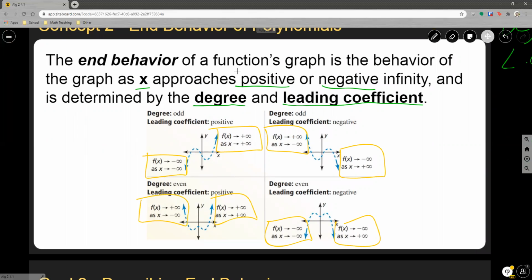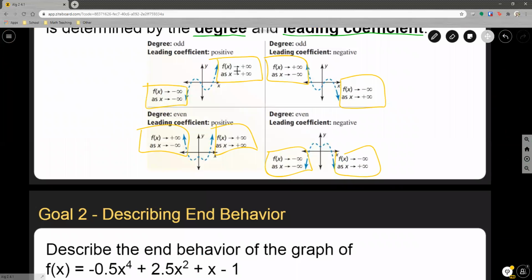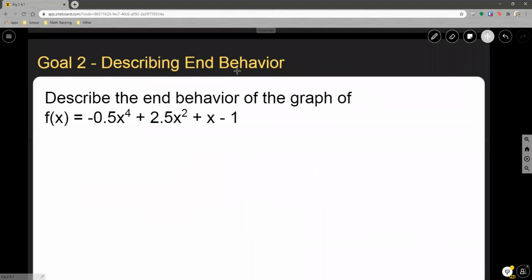So let's do a problem to see what I'm talking about. Excuse me. So goal 2, describing end behavior. So we're describing the end behavior of the graph f of x equals negative 0.5 x to the fourth plus 2.5 x squared plus x minus 1.